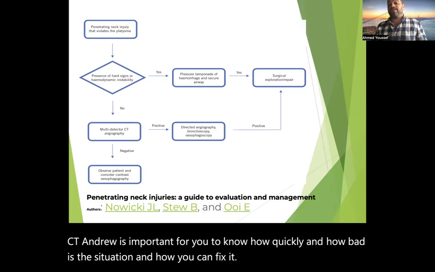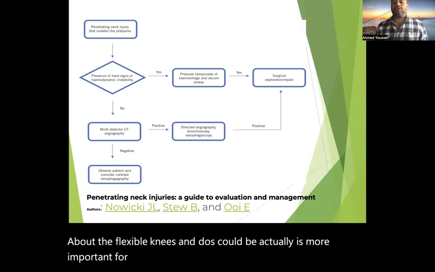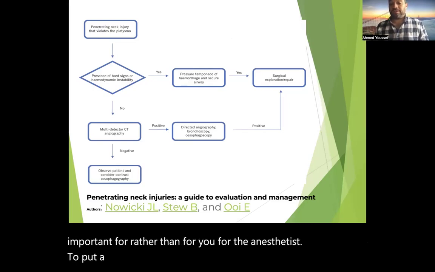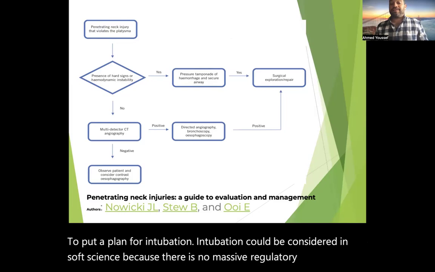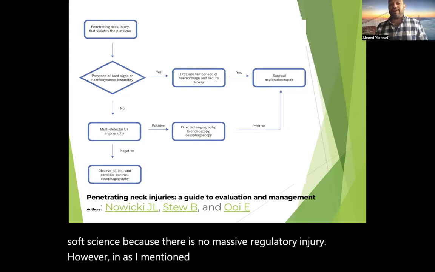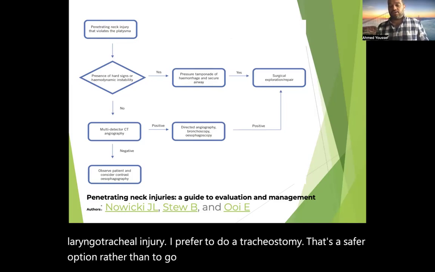But the flexible nasal endoscopy is actually more important for the anesthetist, to put a plan for intubation. Intubation could be considered in soft signs because there is no massive laryngotracheal injury. However, as I mentioned, if there are hard signs with a massive laryngotracheal injury, I prefer to do a tracheostomy. That's a safer option than intubation.